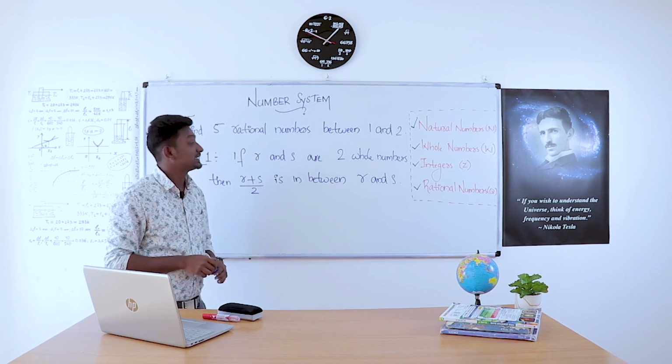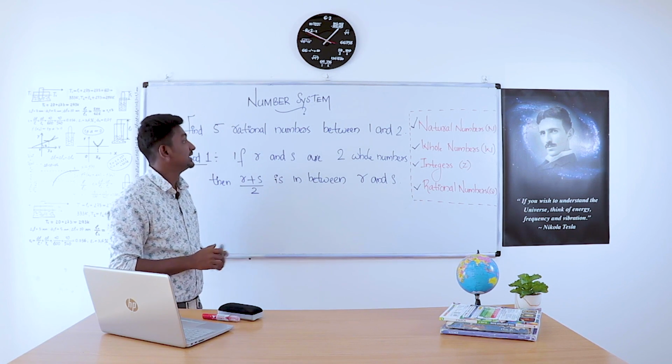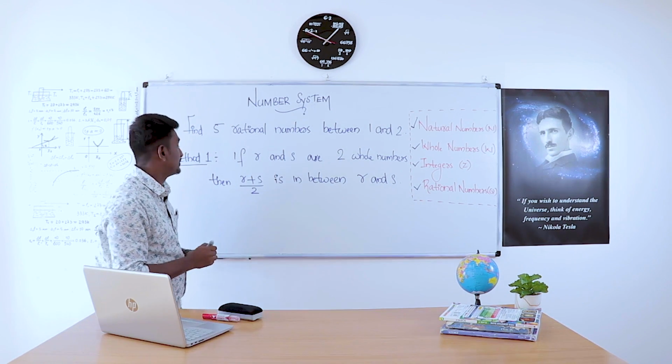If R and S are two whole numbers, then R plus S by 2 is in between R and S. Here 1 and 2 are whole numbers.